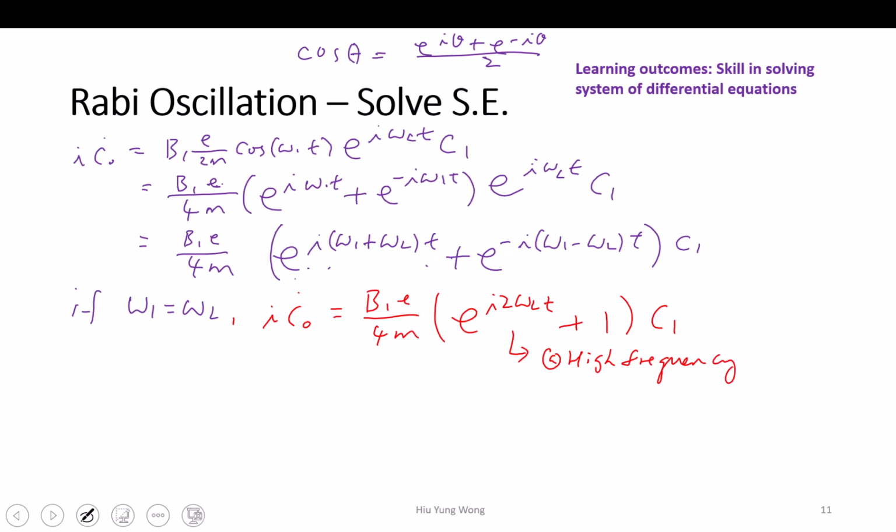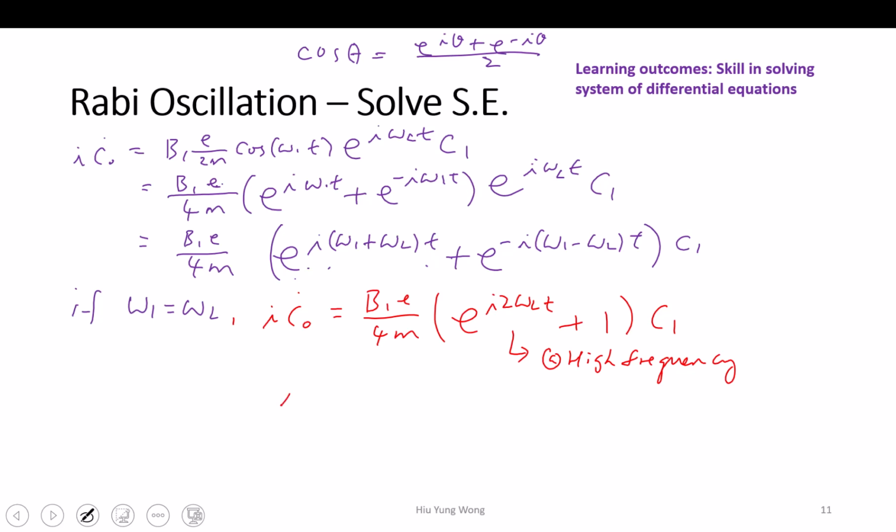On average, it does not have a big effect, so we can ignore it. This is the so-called rotating frame approximation that we will discuss a little bit more. It's rotating, it's changing so fast. Think about this as just a phase that changes a lot. So in our system, we might not be able to feel it because it's changing so fast. I don't feel anything, right?